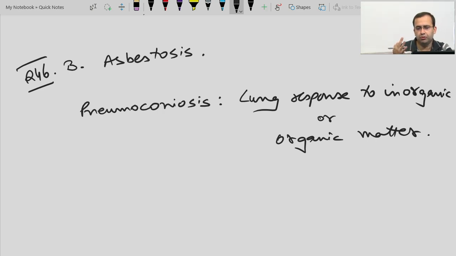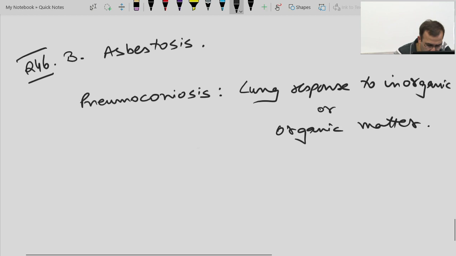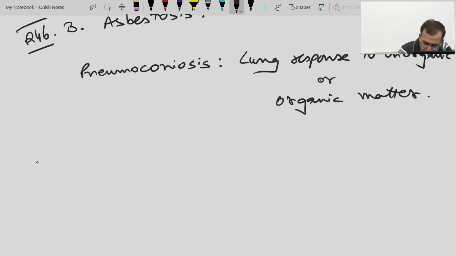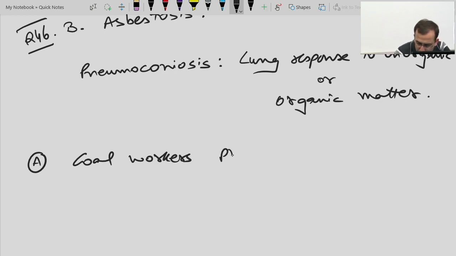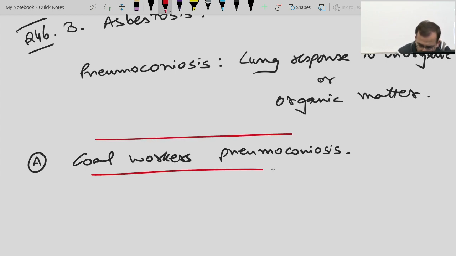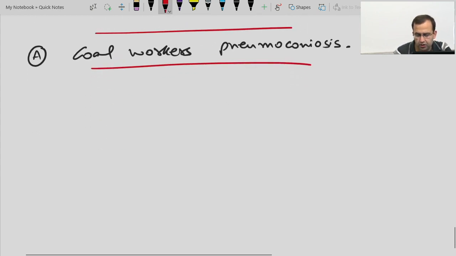There are three main pneumoconiosis, which are coal workers pneumoconiosis, silicosis, and asbestosis. Starting with the first one, coal workers pneumoconiosis.